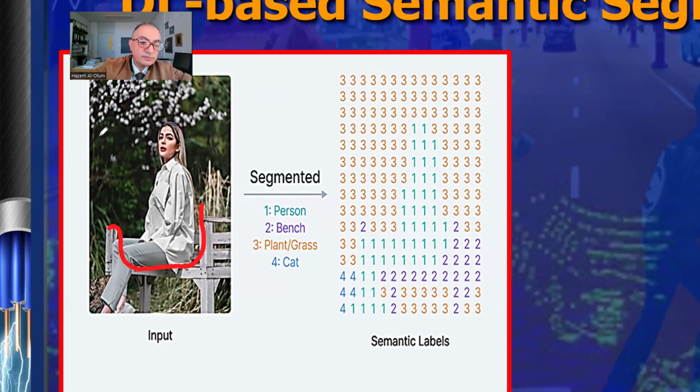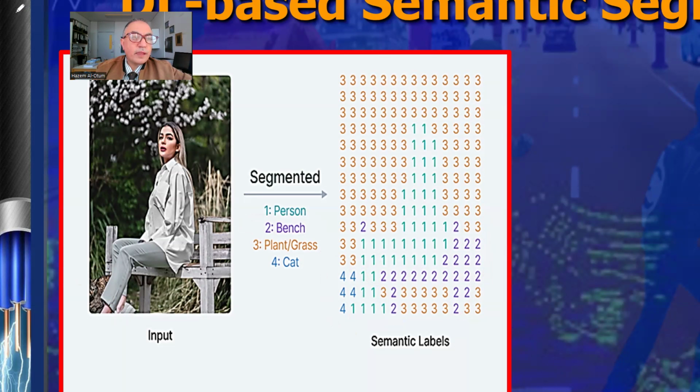Here, the bench, and this will be 2, as here. So this indicates the bench, etc. Plant and grass, and we have a cat. We may see the cat here, in the corner. So this is how we can apply semantic segmentation.